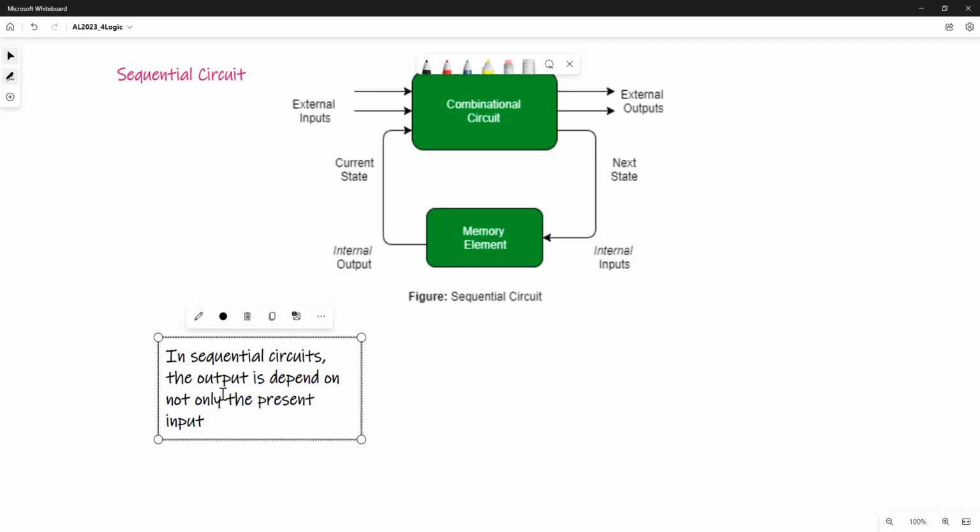I will explain why we say present input. But also on the previous inputs and outputs.